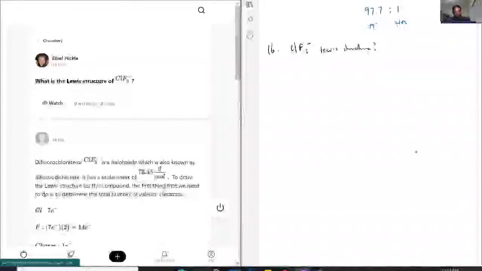All right. So for this, we notice right away we do have a negative, so this will be an ion. But let's see how it distributes. We have 1 chlorine and 2 fluorines. Chlorine will most likely have to break the octet rule, since it will be the center atom, and it only really has one space for one bond.